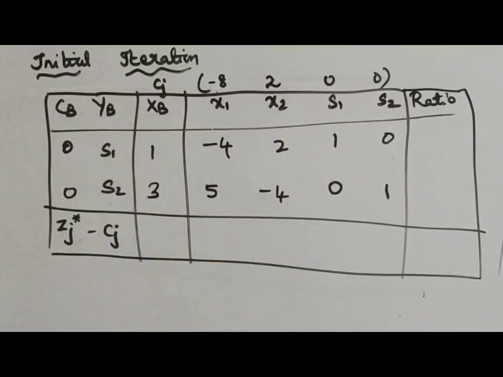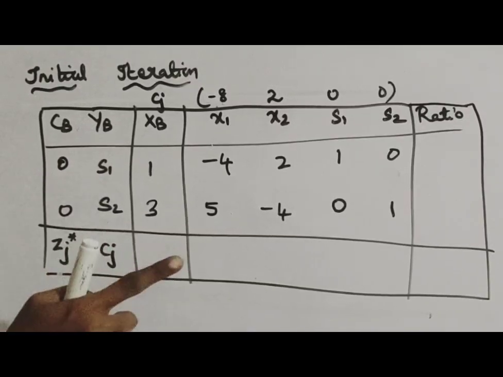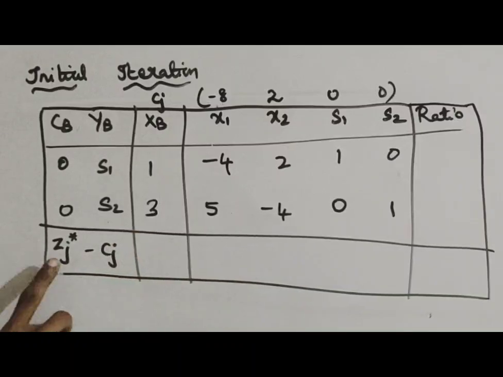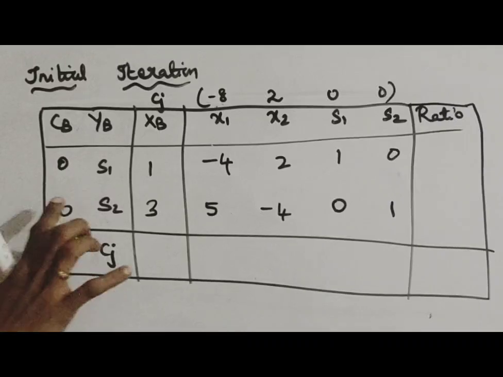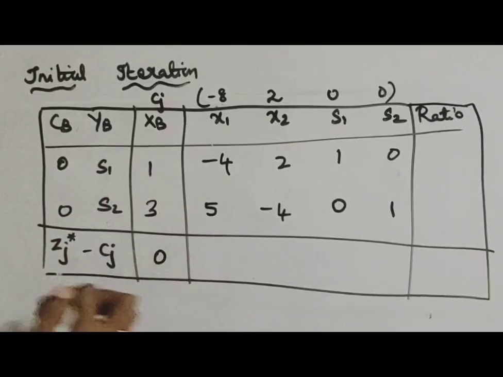Now we have to find the value of Zj* - Cj, because in the standard form we are mentioning it as maximum z*. First, 0 into 1 is 0, plus 0 into 3 is 0.